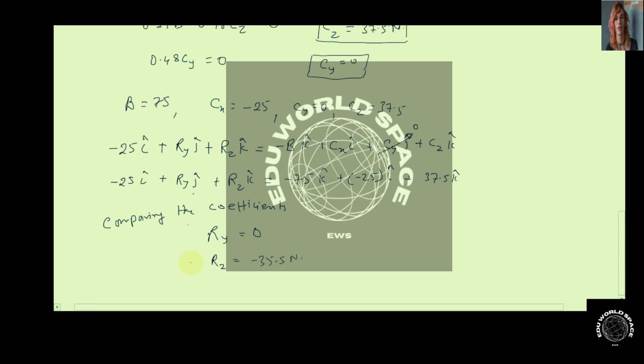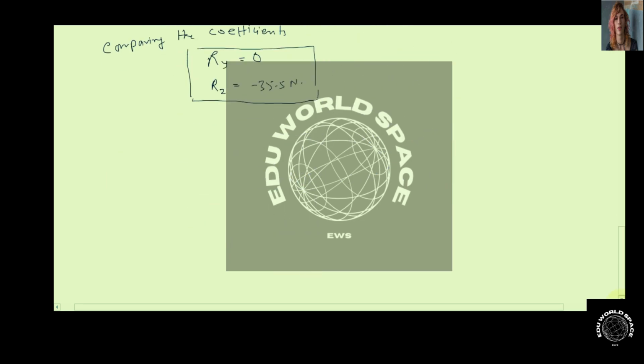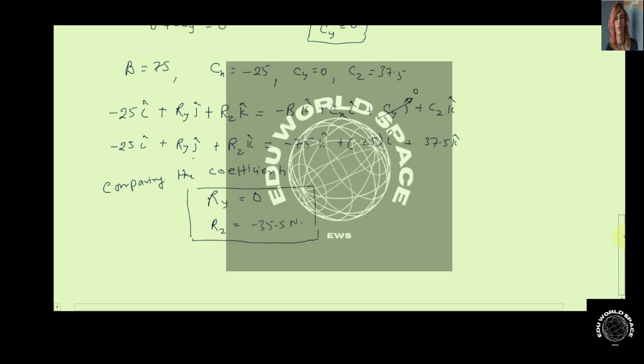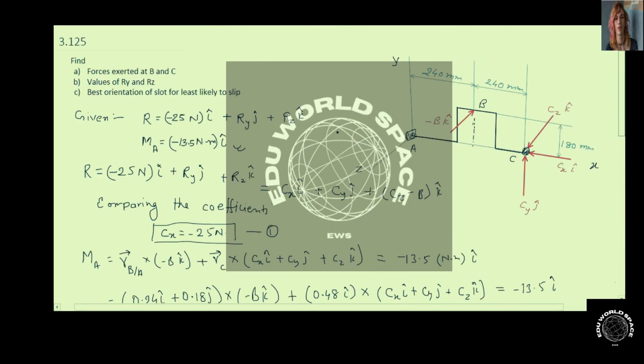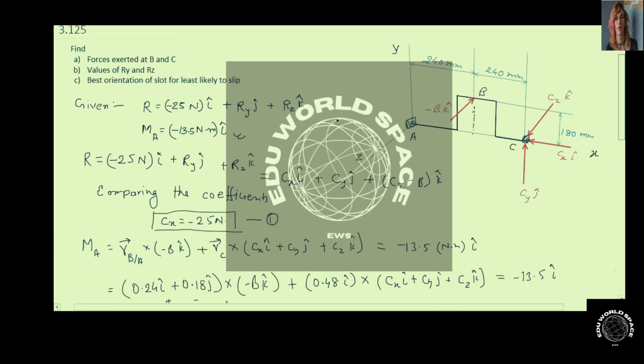So we have got the value of Ry and Rz that was asked in the first part of the problem. Now coming to the second part, they had asked the value of Ry and Rz, so we had already got that value.